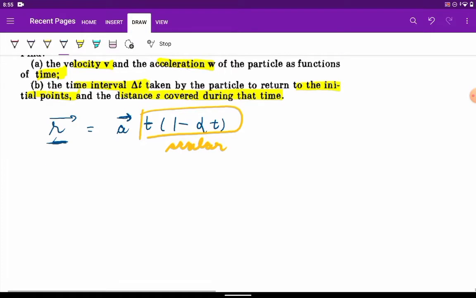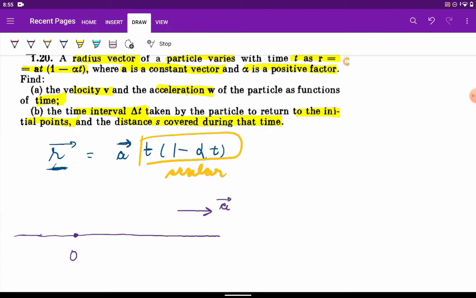So if we consider this to be o, some origin, and let's say this is the a vector, then the particle always moves in this line which passes through the origin, right?